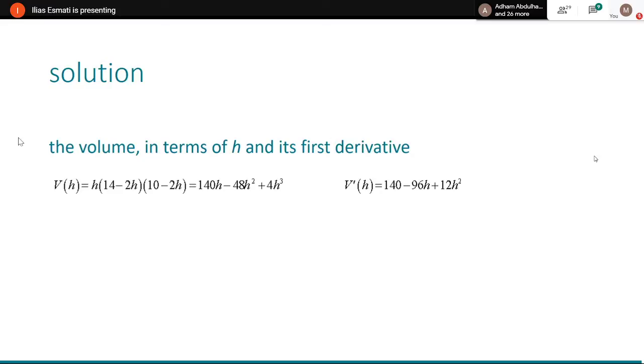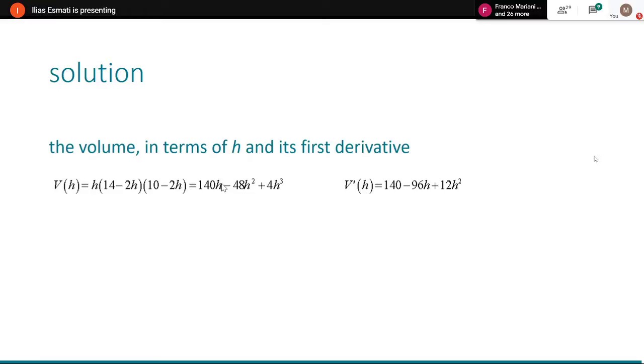Say that I have now the volume of this box that I made, which is 140h, where h is the height, minus 48h squared plus 4h to the third. So V'(h) means that my function is of h, and V is the volume, and this dash simply means that I will differentiate it. Whenever you differentiate, the power goes down.